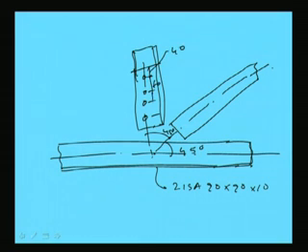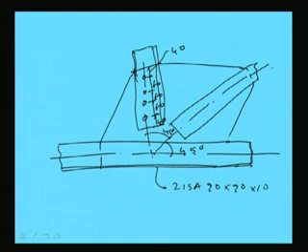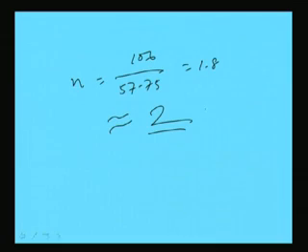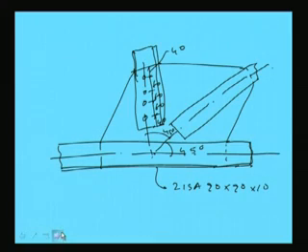These are 60, 60, 60 and this is 40. In member OC we need 6 rivets: 1, 2, 3, 4, 5, 6.